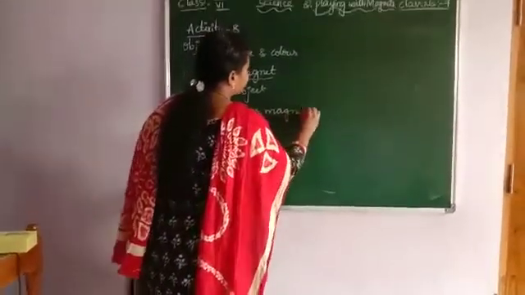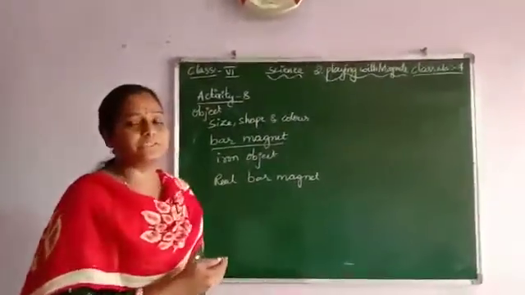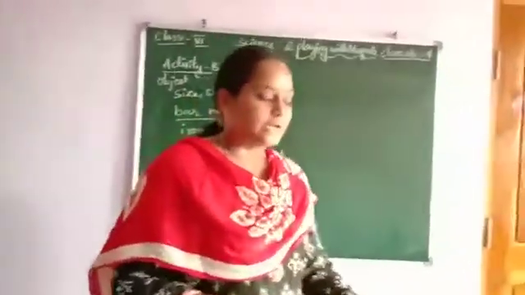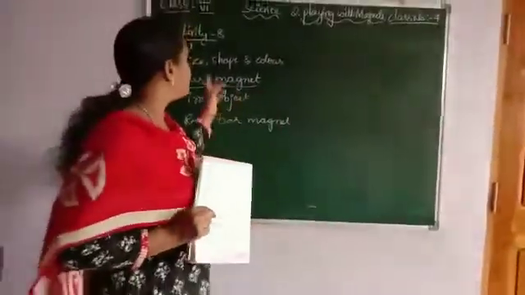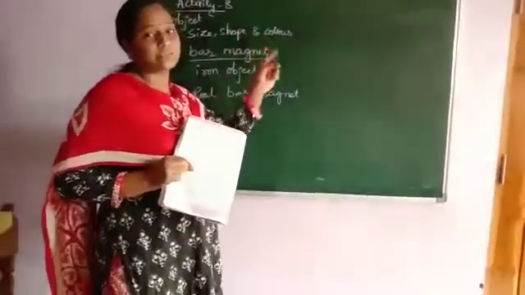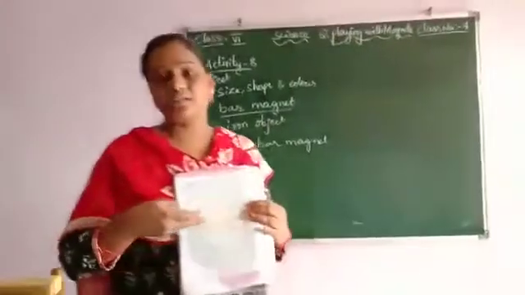So this is about activity number 8. And here you can see in the table, like this you can form a table. Observe the changes when you bring the objects near the poles of the bar magnet, for objects 1, 2, 3, which have the same size, shape and color.